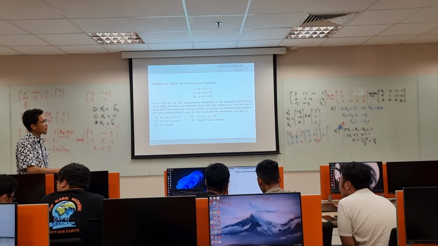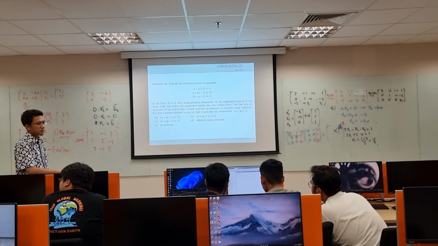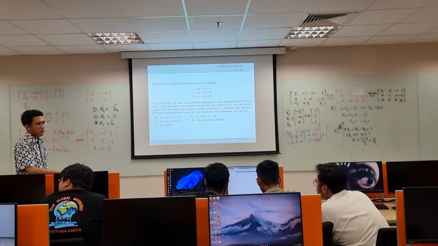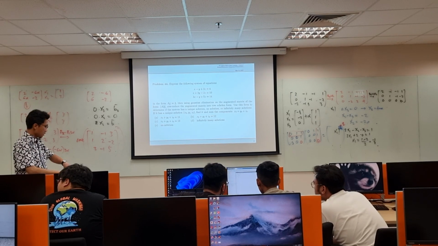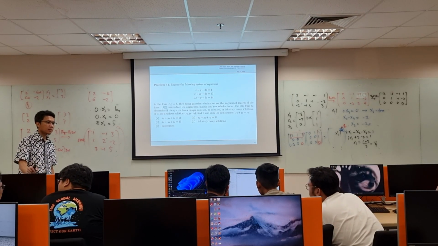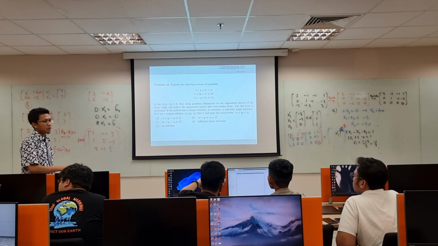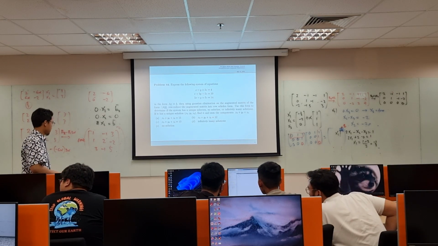Inverse of that matrix multiply by 4, 10, 14. What do you get? Inverse dulu. Wait. Do we inverse the right side or the left side? No, the left side, of course.